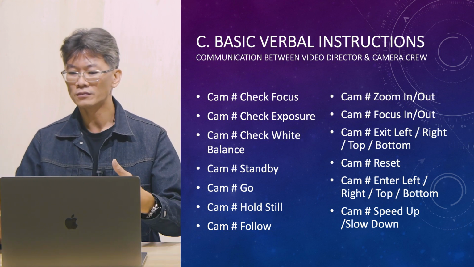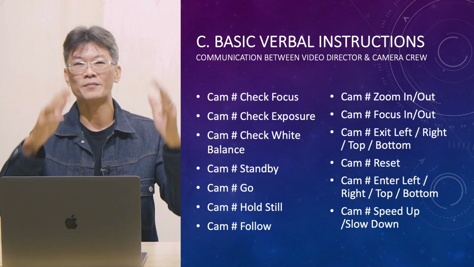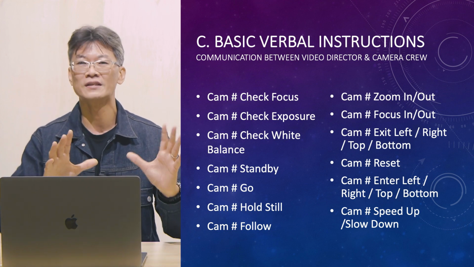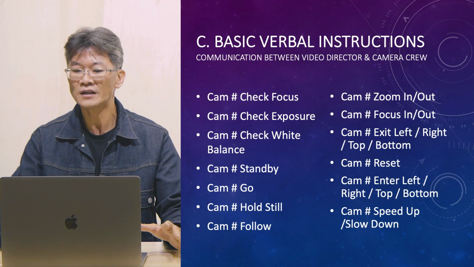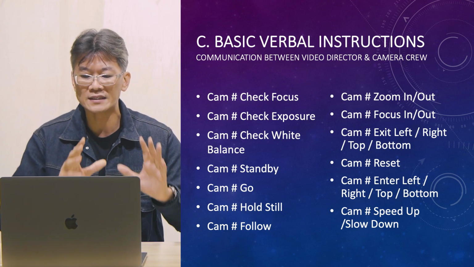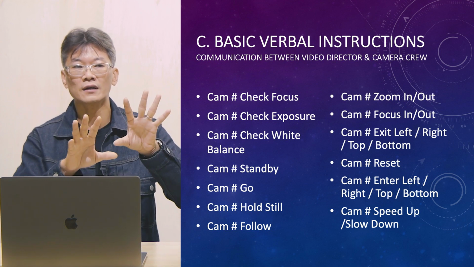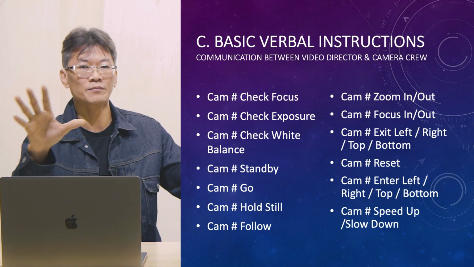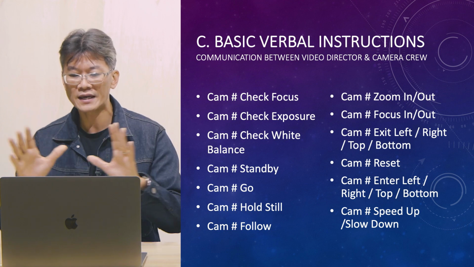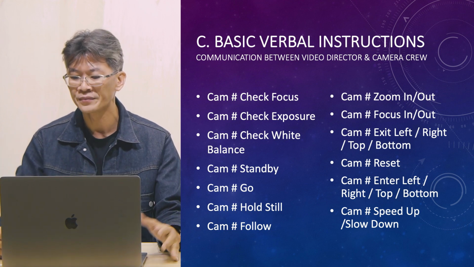Okay, zoom out, zoom in, focus out, exit left, exit right, exit top, exit bottom. These are just some of the actions they have to do, performing the moves. Sometimes the director will tell the cameraman that I want you to exit. That means the camera actually pans away from the subject, giving room for the next camera to pan in. And so this exit move is more of a creative kind of movement, right?